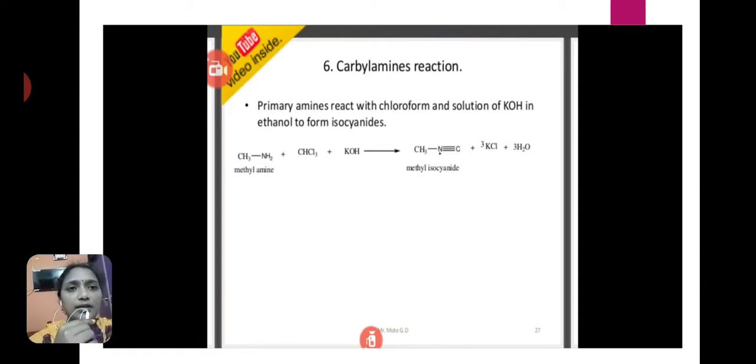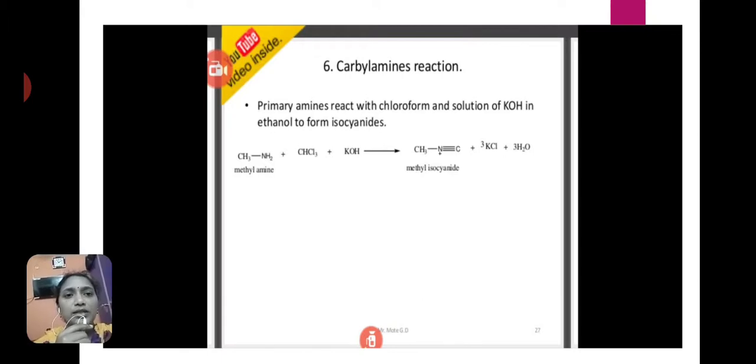This is the carbylamine reaction. When primary amines react with chloroform and a solution of KOH in ethanol, they form isocyanides.